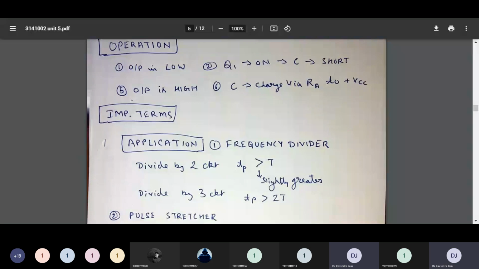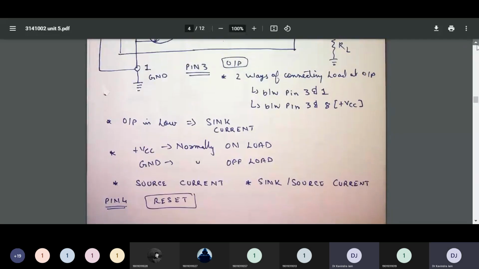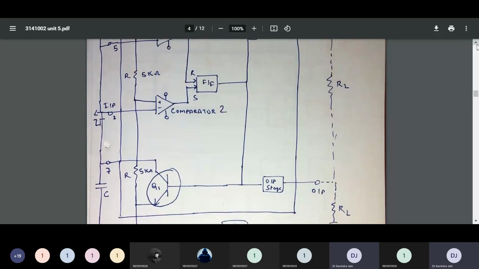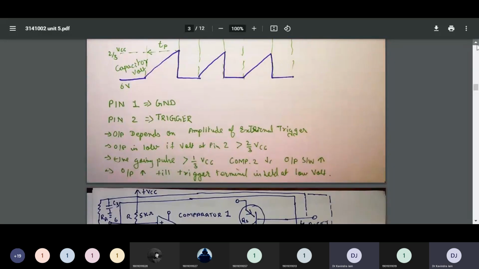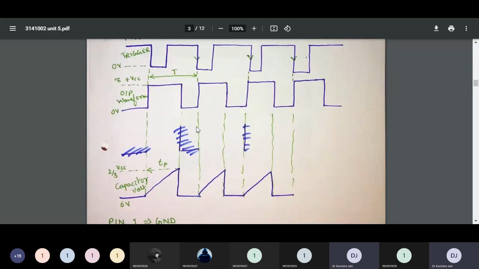If you remember correctly, we have drawn a waveform where we mentioned what TP is.